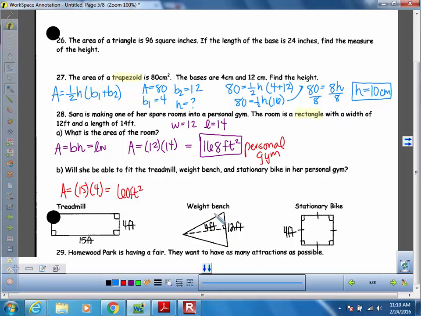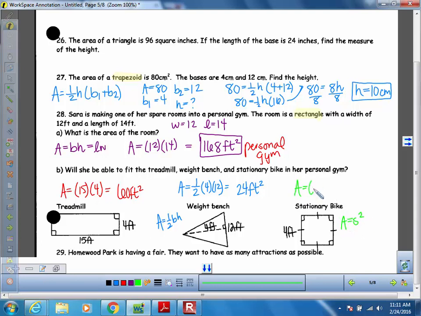Then we would do the area of the weight bench, which is a triangle, and so our triangle is 1/2 base times height. So we would do 1/2 of 4 times 12. The area of that would be 24 feet squared. And then we would do the area of the stationary bike, which is a square, and our square area equals side squared.